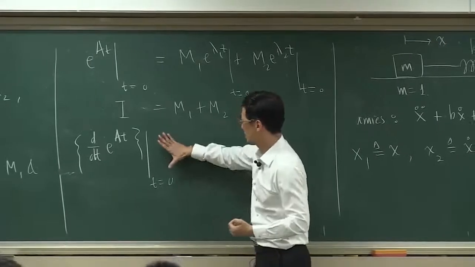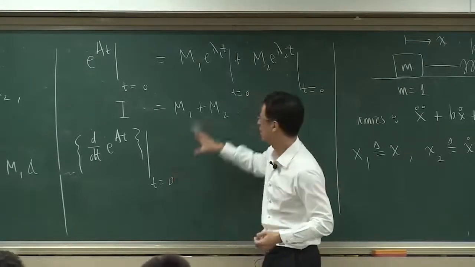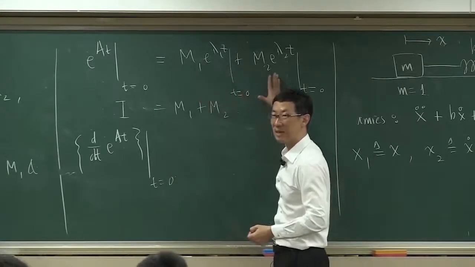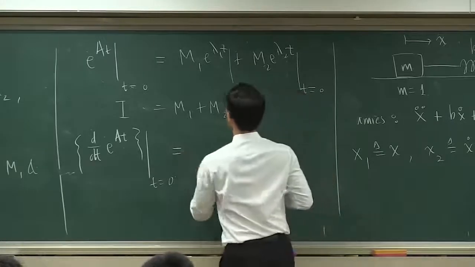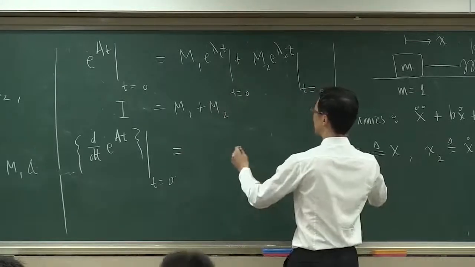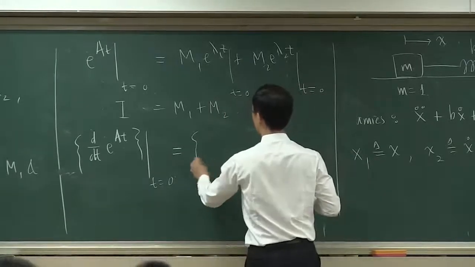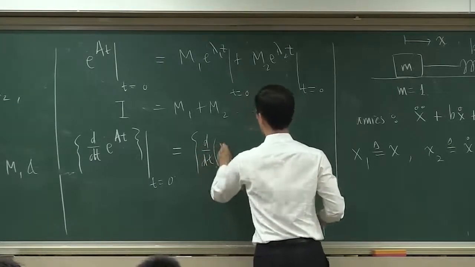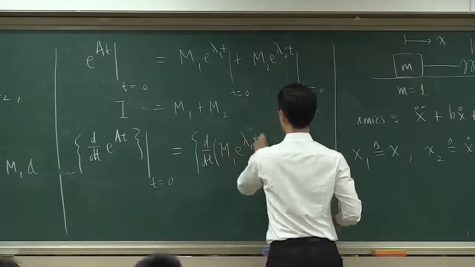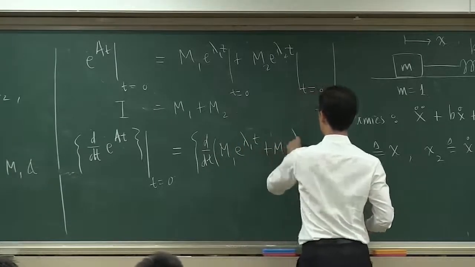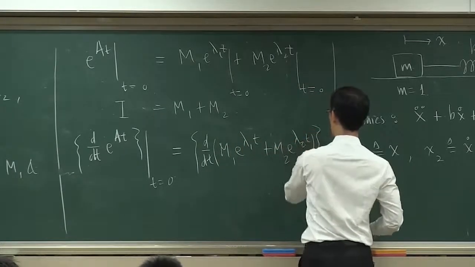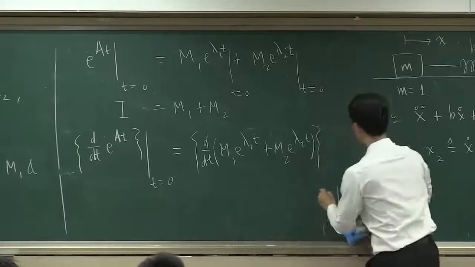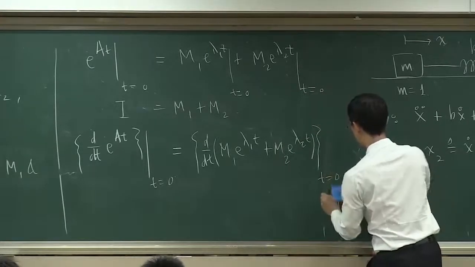Take the derivative of the right-hand side: d dt of M1 e to the lambda 1 t plus M2 e to the lambda 2 t, evaluated at t equals 0.